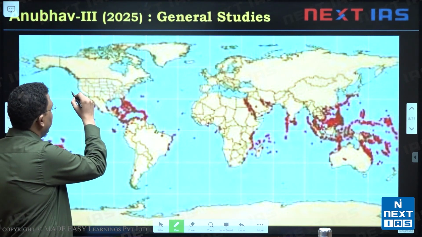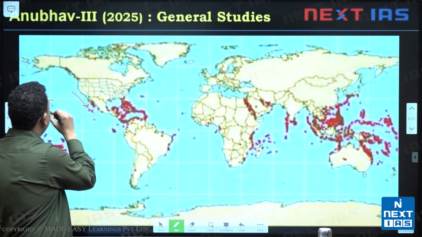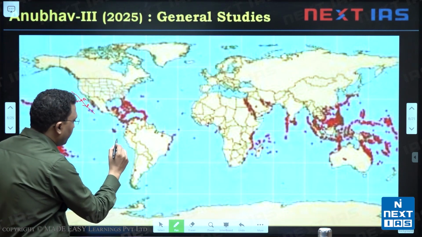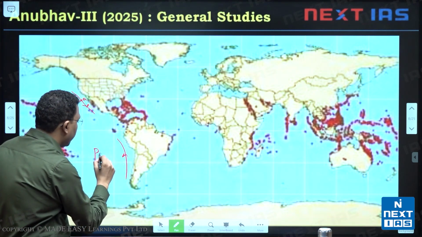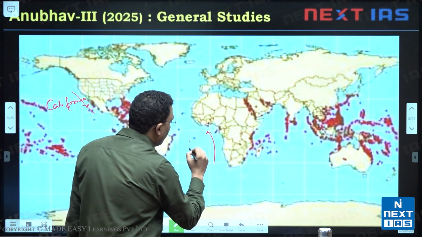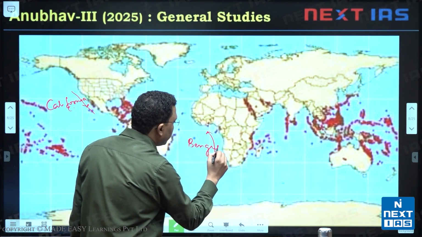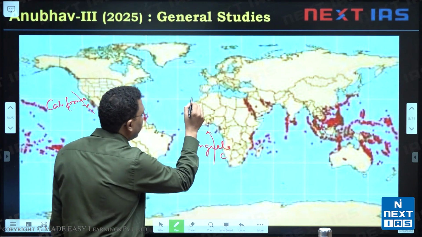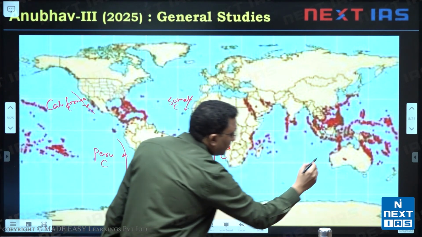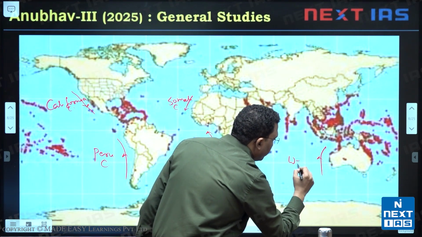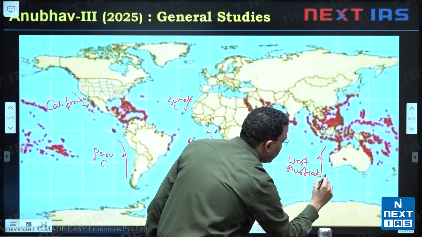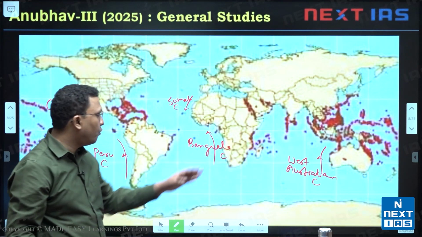For example, there is the California current moving here, likewise there is the Peru current, the Benguela current, the Somali current, and the West Australian current. All these are cold currents, right?